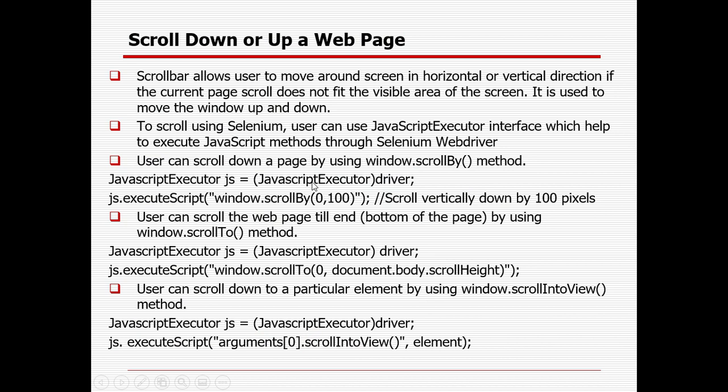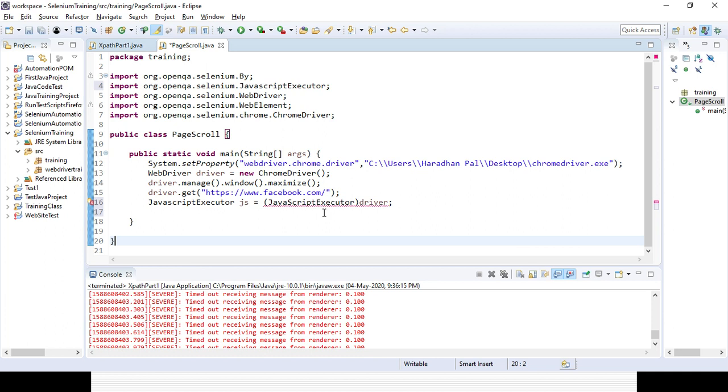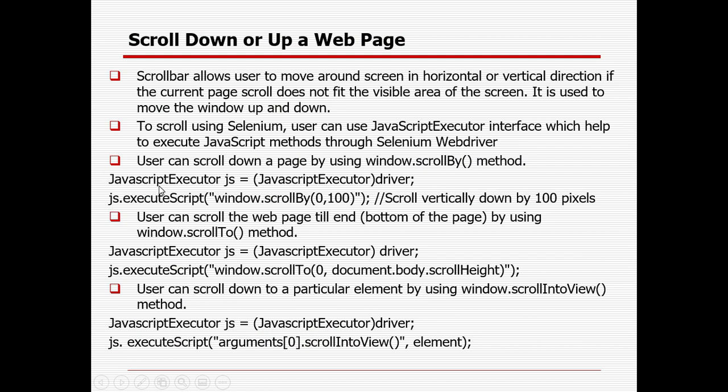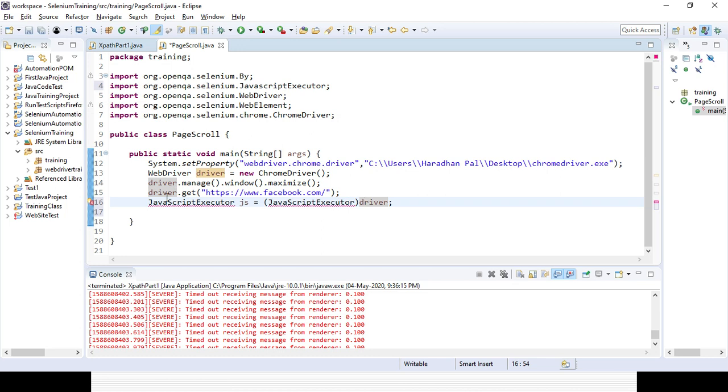JavaScript executor equal to, and the driver, I need to typecast it. It will be a small word here. So it will work. Right now you can see, if we import the JavaScript executor interface from org.openqa.selenium, it will be successful, right?